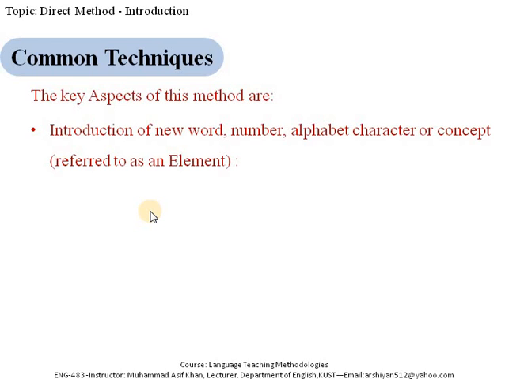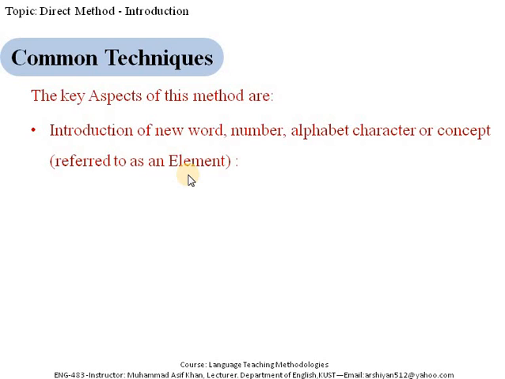That is the initial way of introducing new concepts or new elements to the students. So I will give you the detail of each and every point of this technique.